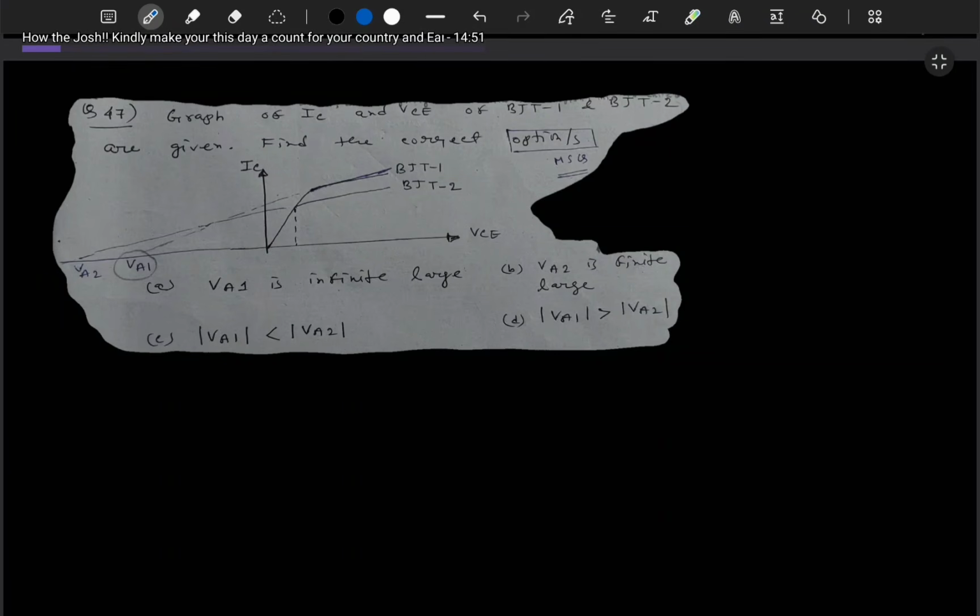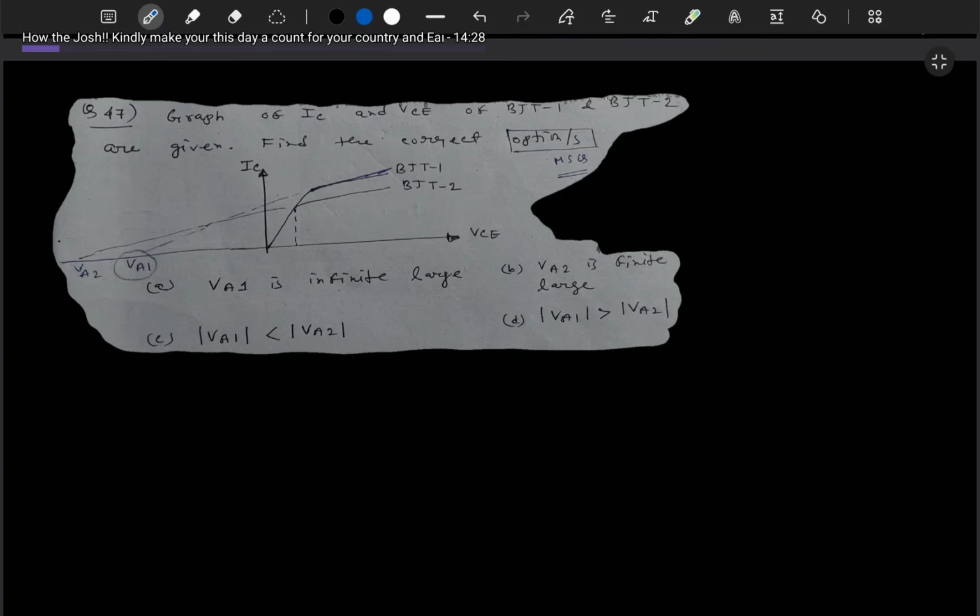BJT2 has less slope when compared to BJT1 in the active region.